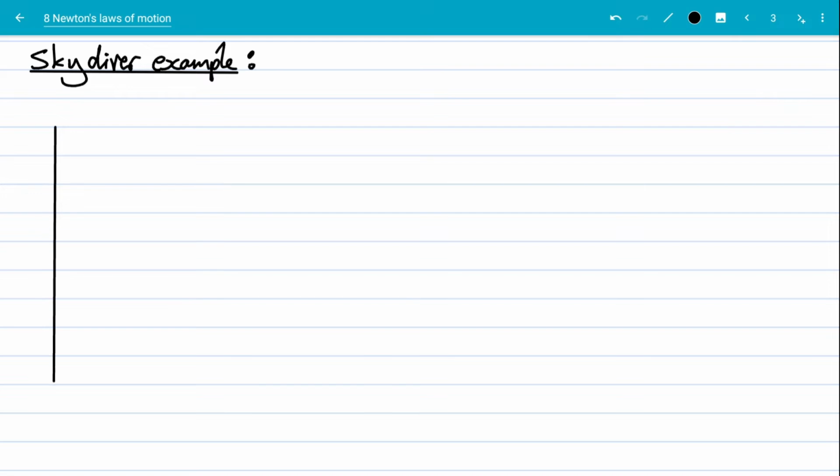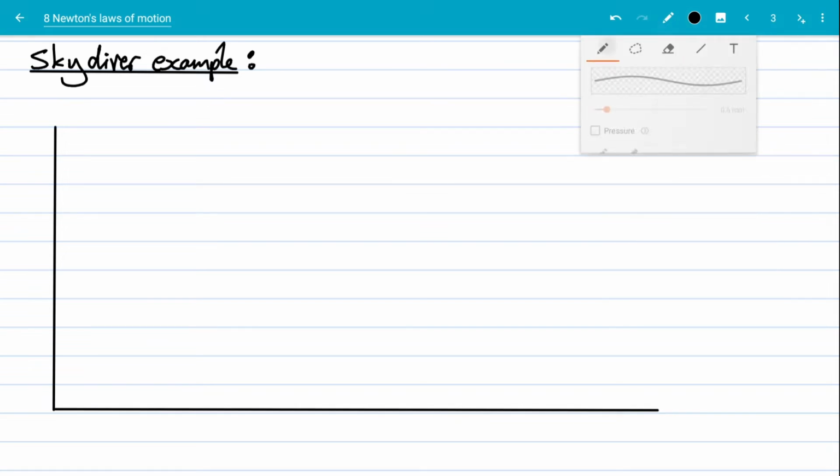Speed versus time. I'm going to give myself plenty of space to annotate what's going on in this particular graph. So this is going to be speed, and this is going to be time.